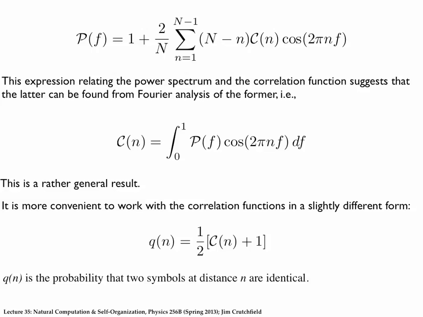Especially if I put in a frequency of either 0 or 1, then this cosine is always just going to be 1. And so I get this sort of residual term that just adds up.